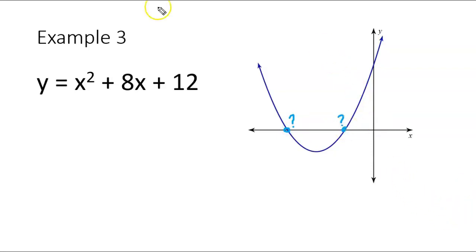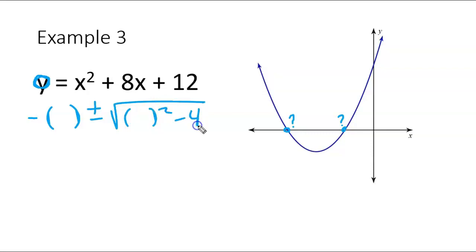Well, to find the place where it touches the x-axis, first of all, we plug 0 in for y, and then we solve for x. Now, how do you solve for x whenever you have a quadratic equation set equal to 0? The answer is the quadratic formula. So we do x equals negative b plus or minus the square root of b squared minus 4ac all over 2a.